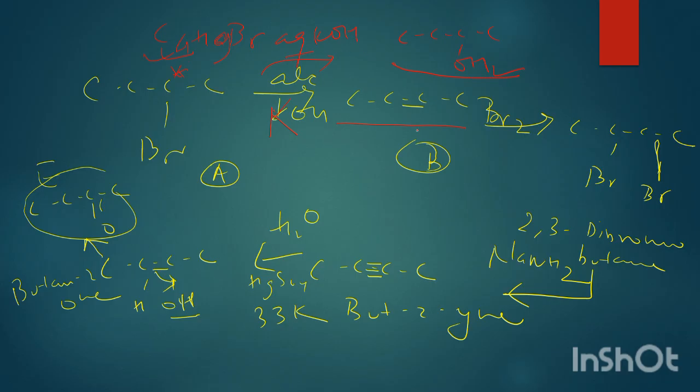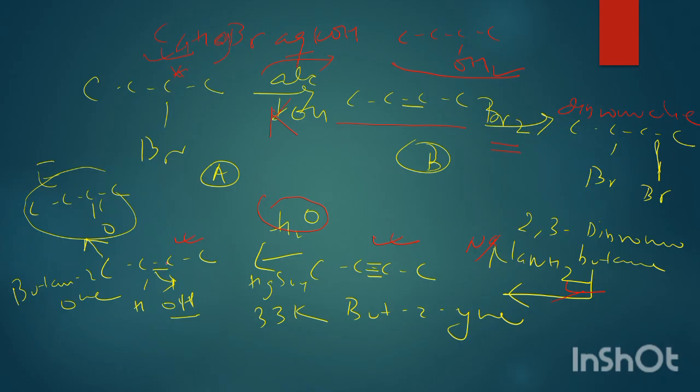On addition of Br2, it gives a dibromide, so we get 2,3-dibromobutane. Then NaNH2 gives an elimination reaction, that is, forms butyne. After butyne, if we do hydration, what happens is OH gets added.